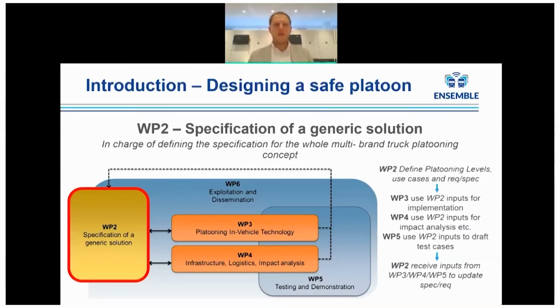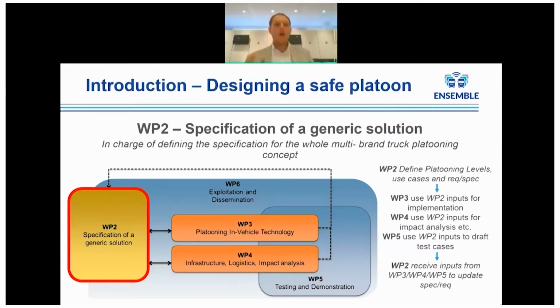The function has been defined in Work Package 2, and as you may see, Work Package 2 is linked to three other work packages. Work Package 3, where the platooning functionality has been implemented, Work Package 4, where the platooning has been assessed, and Work Package 5, where the tests and the demonstration have been designed.